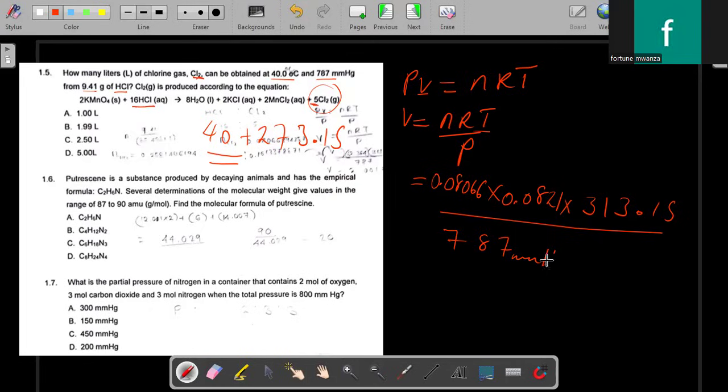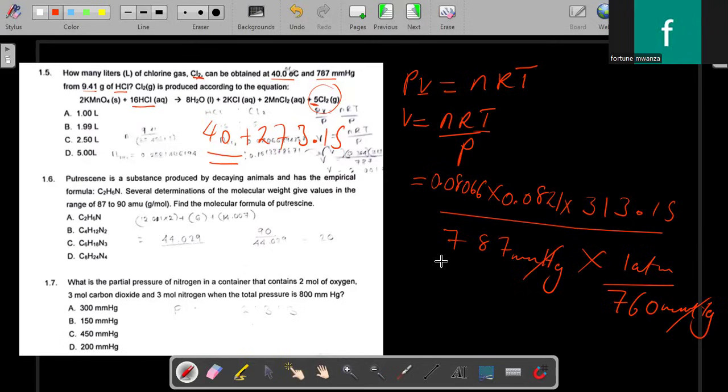Okay, then I convert this to atmospheres. So I know that 1 atmosphere gives me 760 millimeters of mercury. There I simply divide these two to get my pressure.